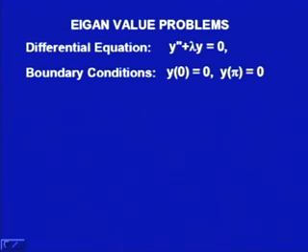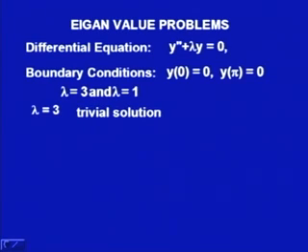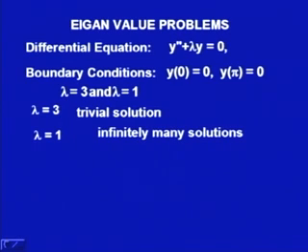Now, we had already seen in our examples the different values of lambda. When lambda is equal to 3, we got only the trivial solution. When lambda is equal to 1, we got infinitely many solutions.